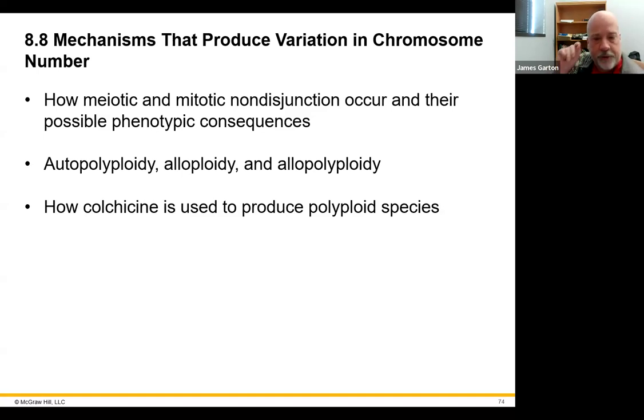And you can introduce a drug to a lot of plants that causes them to be polyploid. There's a drug in common use called colchicine, and it causes a complete non-disjunction error. So the gametes that are made are, for example, diploid. And so when two diploid gametes fuse, you make a tetraploid organism.